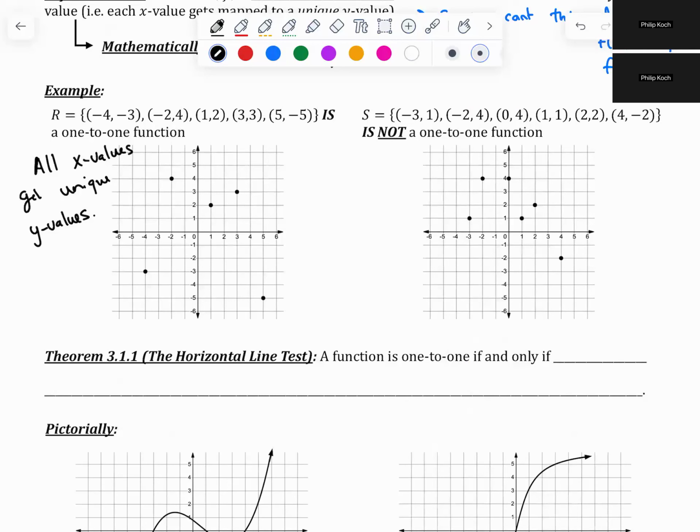However, with the second one, notice that this is one of the problems. x equals -2 and x equals 0 both get sent to y equals 4.